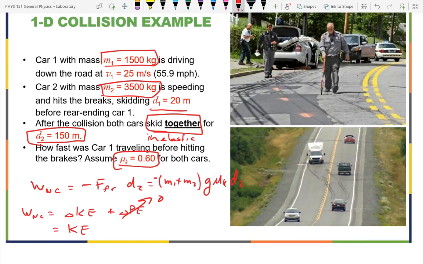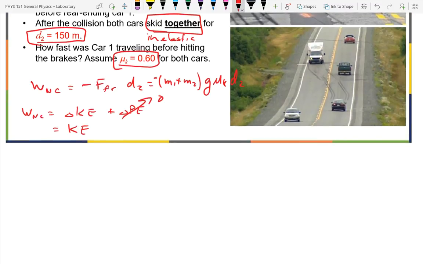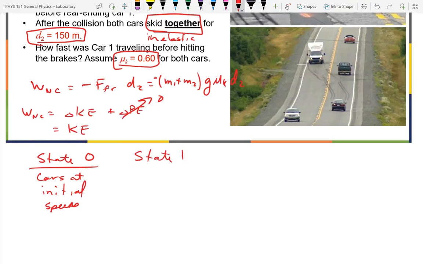Okay, so we have to specify our states. State 0, cars at initial speeds. State 1, cars collide.